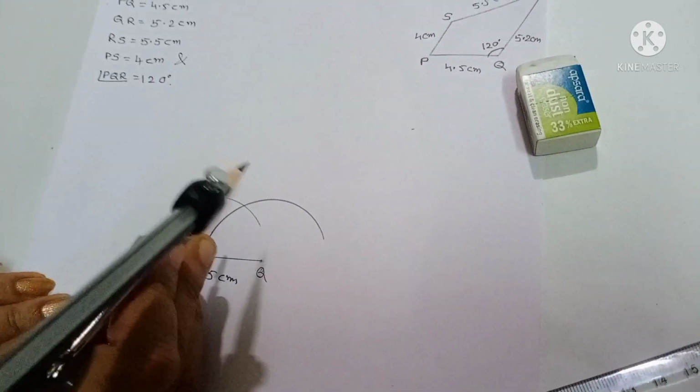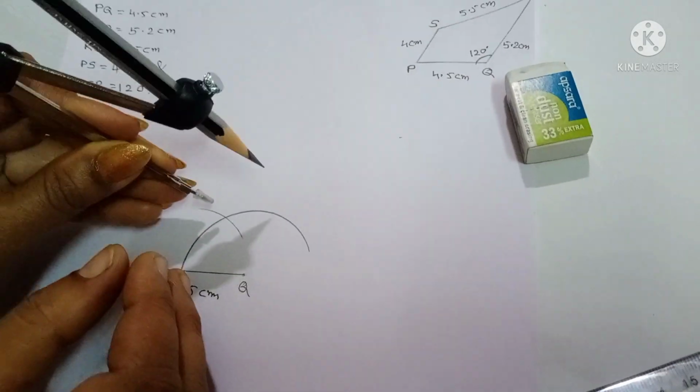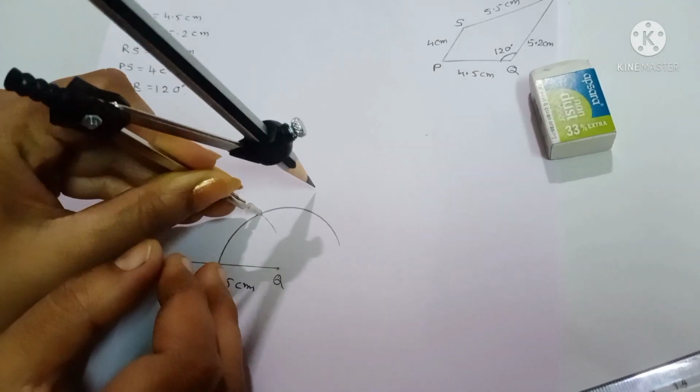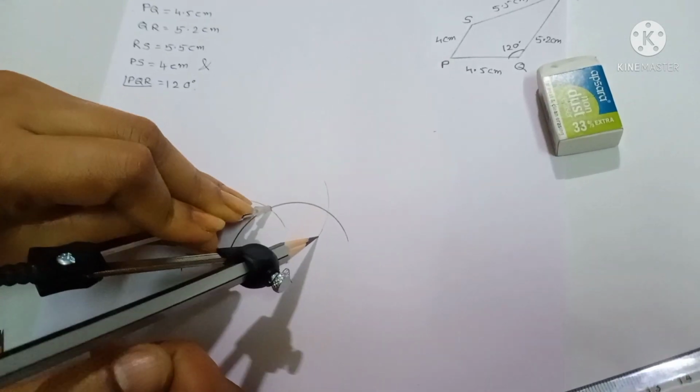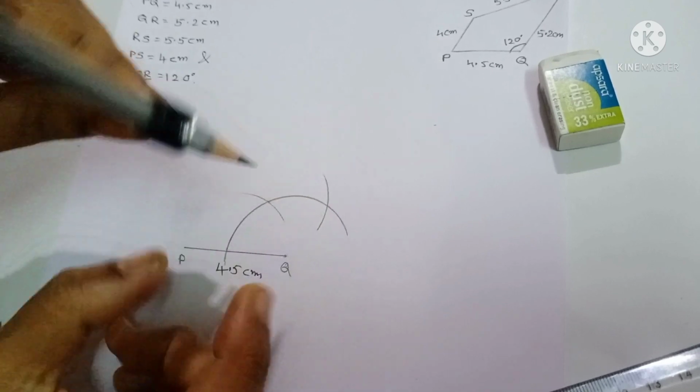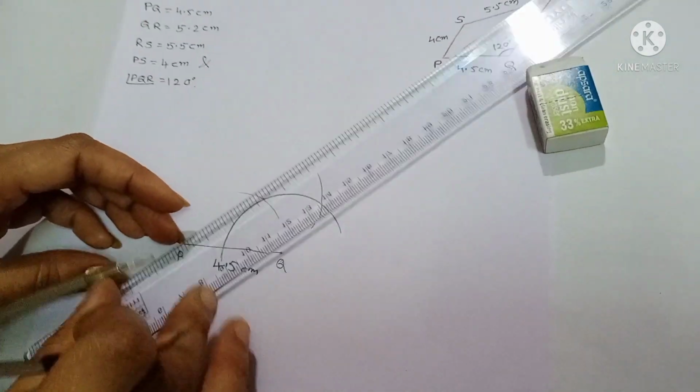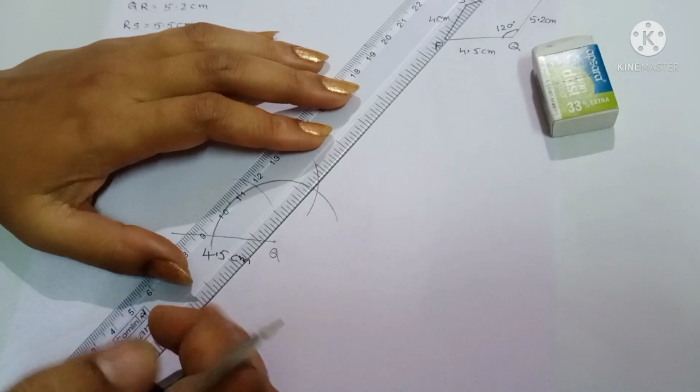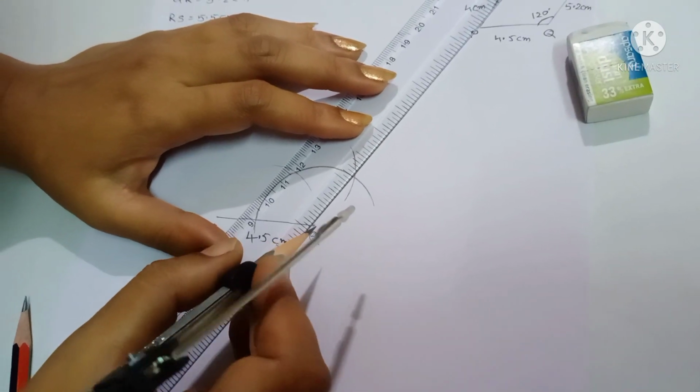This is 60. Again, we draw one more arc. So, join them. We will get 120 degrees.